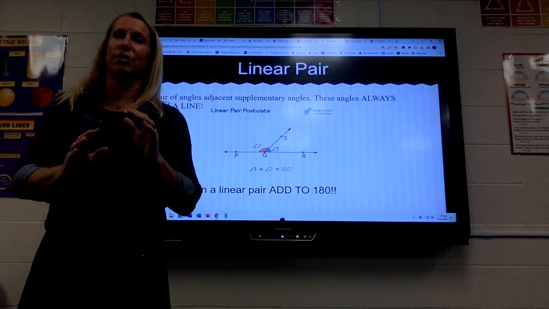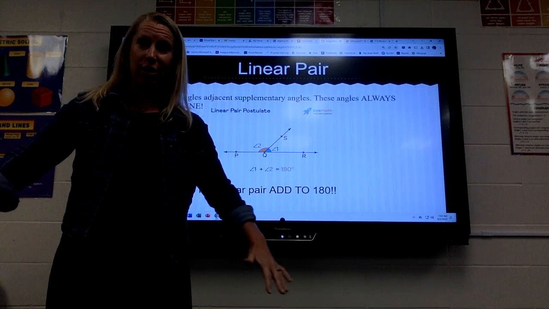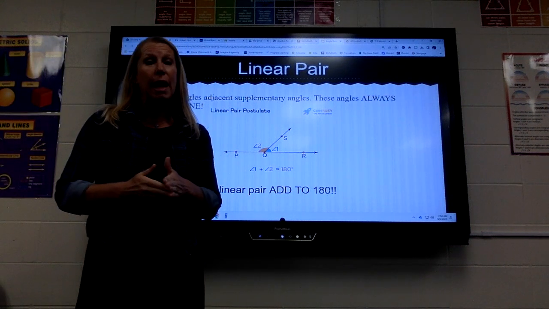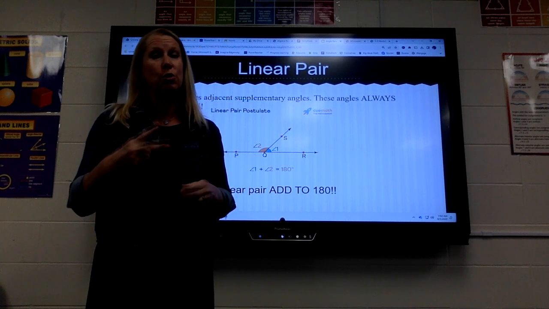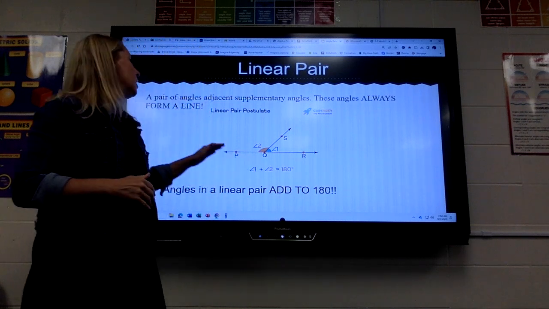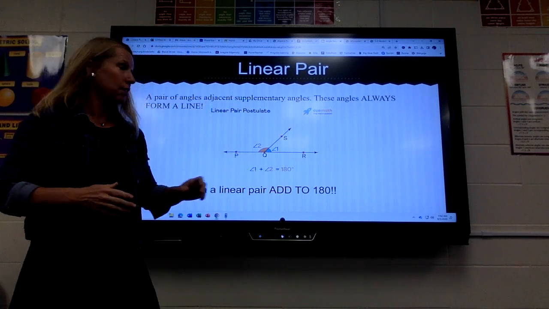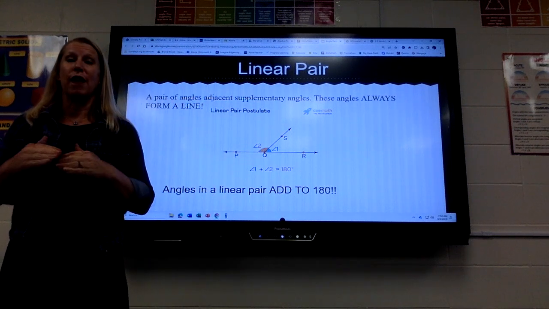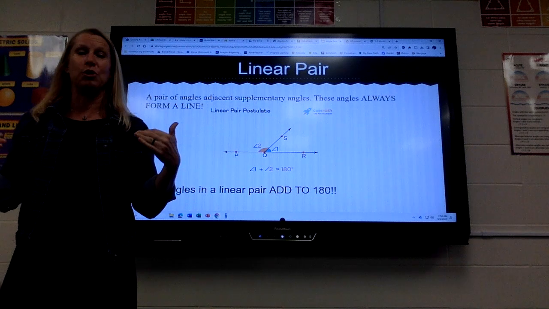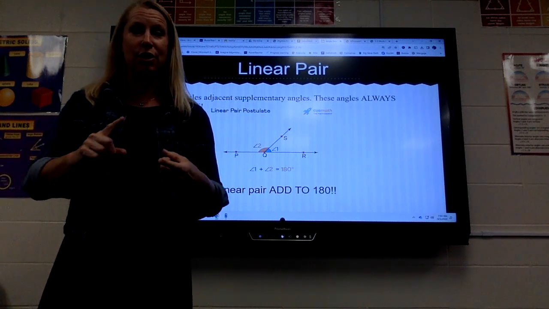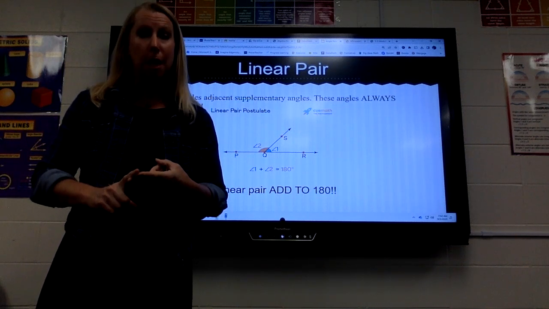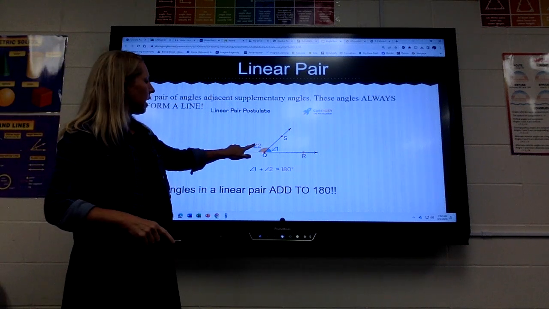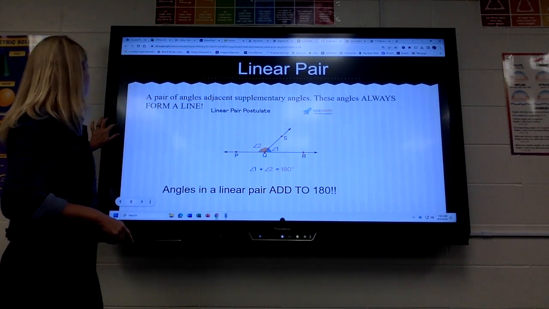A linear pair, this is really important, you'll see it all year. A linear pair forms a line. First of all, a pair is two, so it's two angles that form a line. So they have to be adjacent, which means they share that side, and they also have to add up to 180 degrees. So they're adjacent and supplementary. So angle 1 plus angle 2 would equal 180.